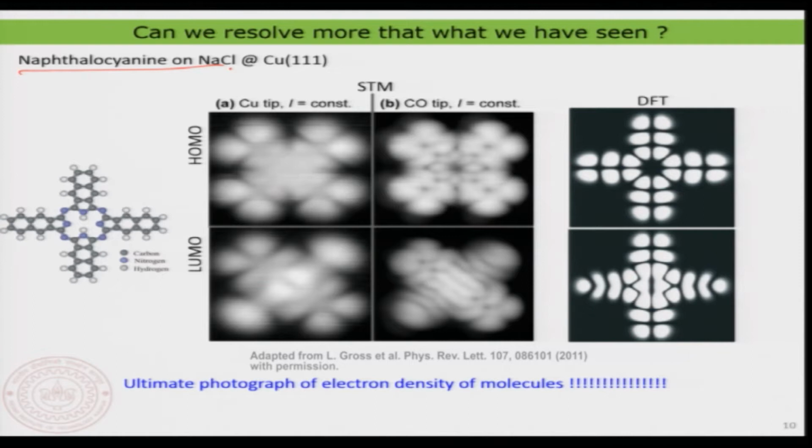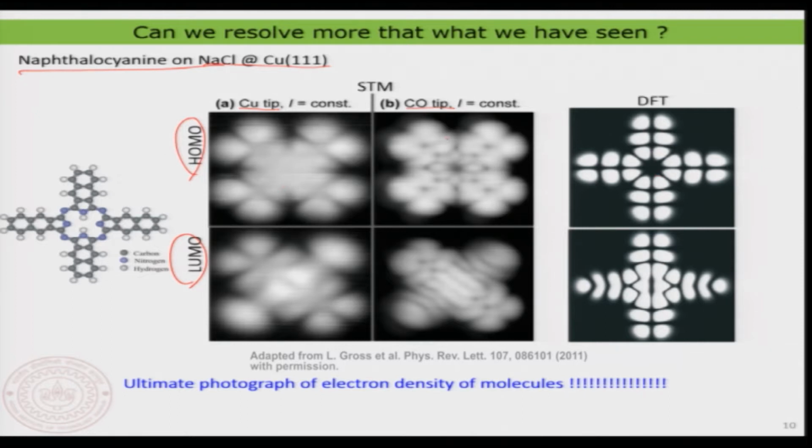I have one more example here. This is again the naphthalocyanine molecule. Again, you would notice that it is sitting on a layer of sodium chloride on the metal surface, and depending on the bias voltage, you can image the HOMO or the LUMO. Here they compared the copper tip and the CO tip. With the copper tip, you can resolve to a good extent, but not as you would expect from density functional theory or the theoretical calculation.